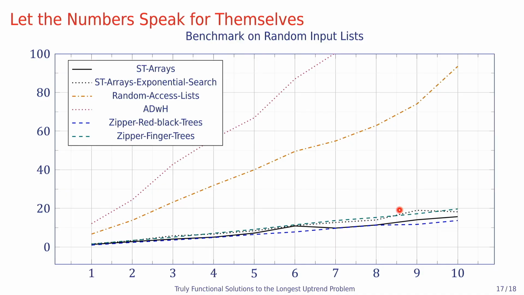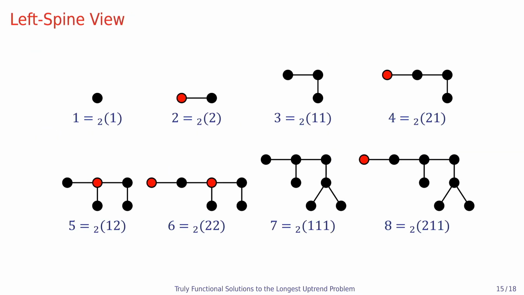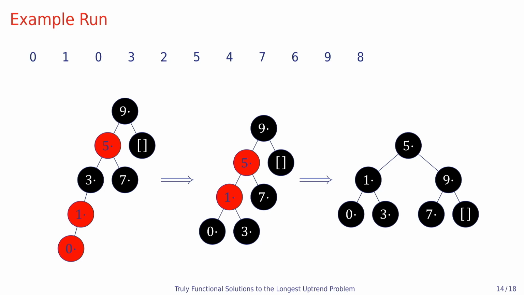They are all fairly close. So why was it worth implementing the finger trees as well? If you remember this example, we only extended to the left, or the tipping point was between the leftmost element and its neighbor.